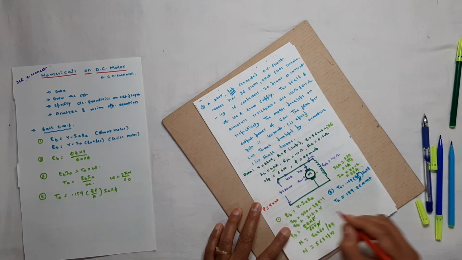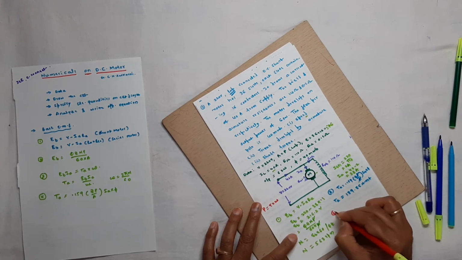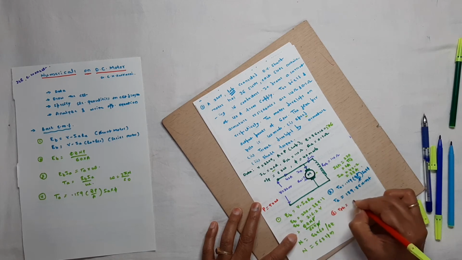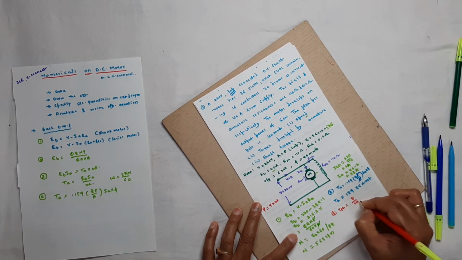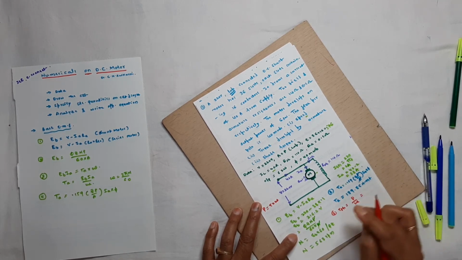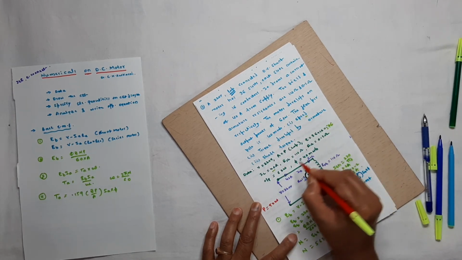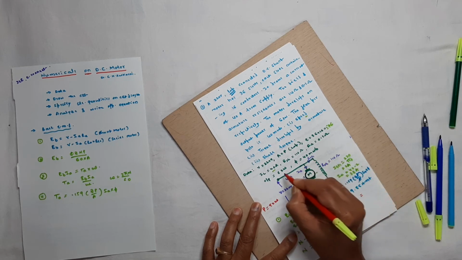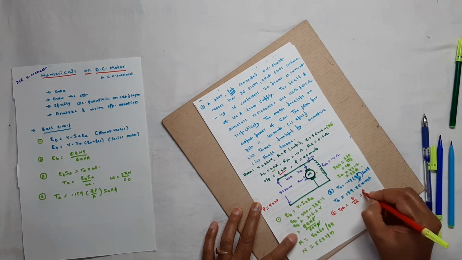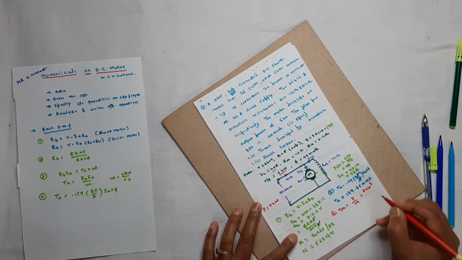Therefore, if we want TSH, it is P divided by omega. P is given as 6 kilowatt. The output of the machine is 6 kilowatt, that is 6 into 10 raised to 3.